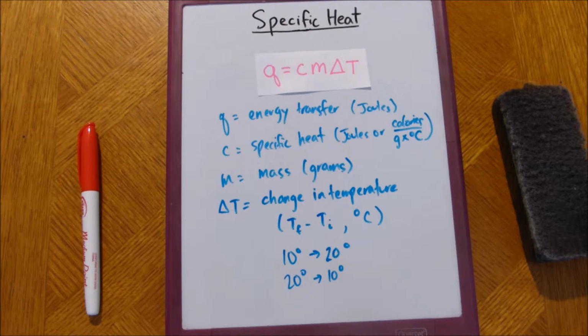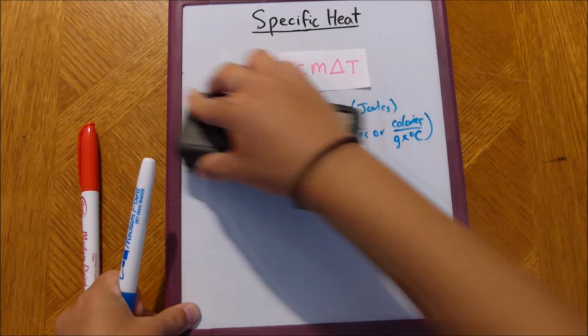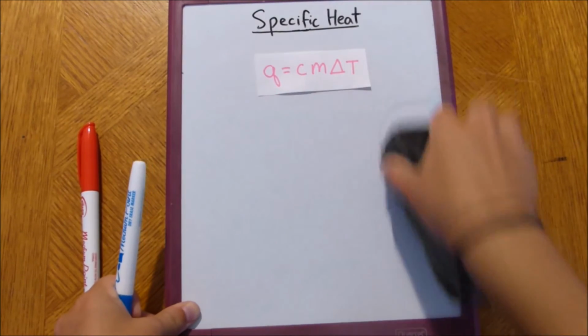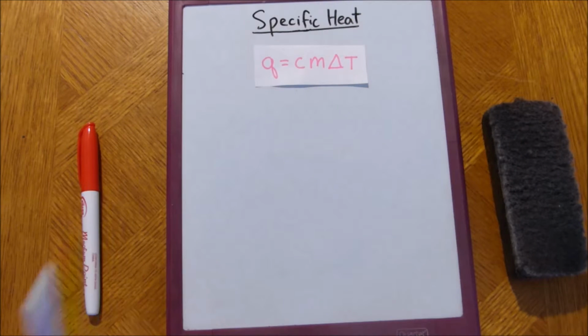Alright, so just to make that clear. And yeah, so basically this is just an equation relating the specific heat, C, the mass of the substance, M, the temperature change, delta T, and the heat, which is Q.